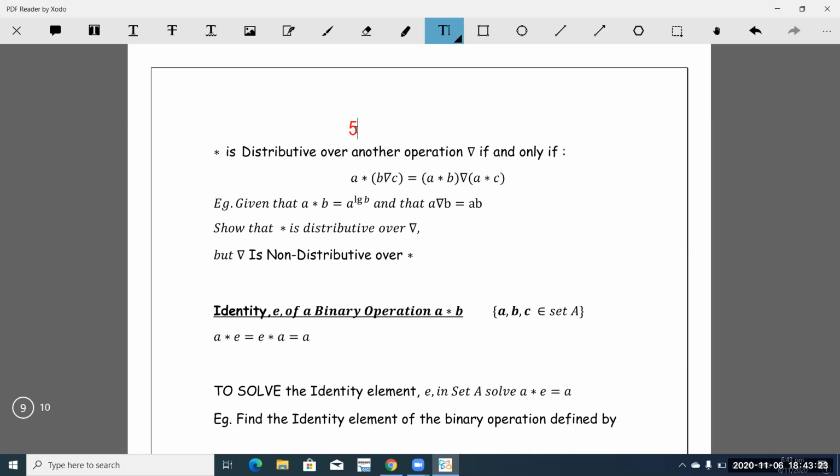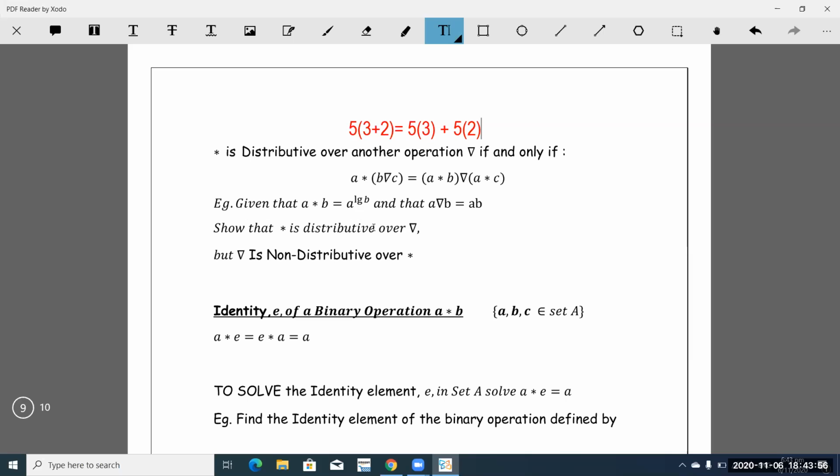The same way how you'd have 5 times (3 plus 2), we'd say that this is distributive because it works out to be the same as 5 times 3 plus 5 times 2. So the same way we can say that the operation star is distributive over delta if, when we work it out, we get (A star B) delta (A star C).